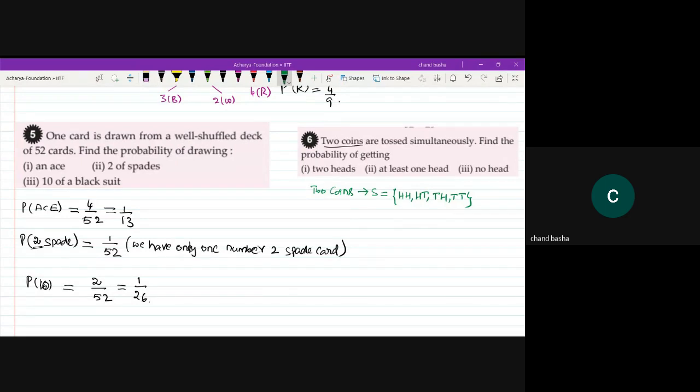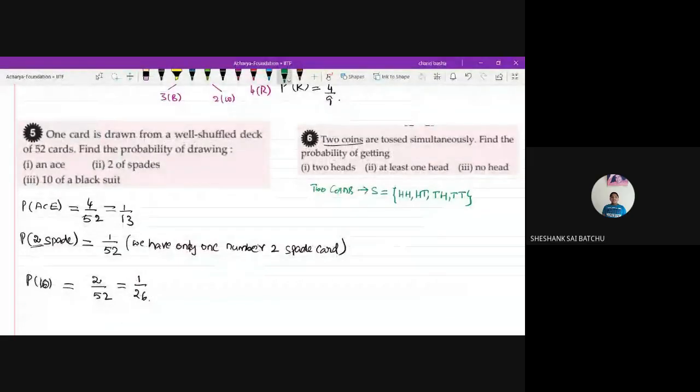Third point, no head, sir. No head. 1 by 4, sir. Very good. Sir, third one 1 by 4, sir. Sir, can I say the second one?